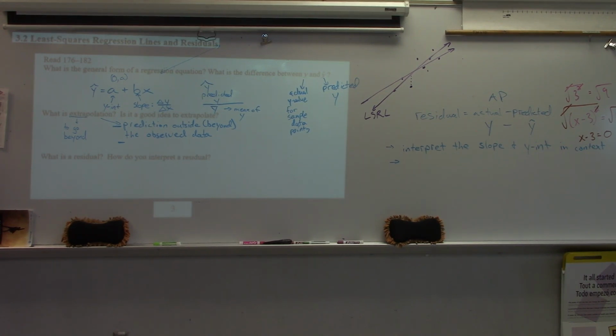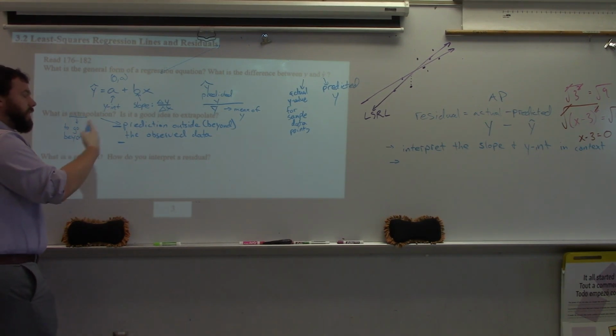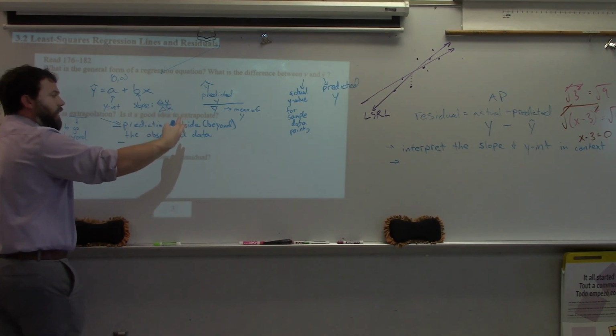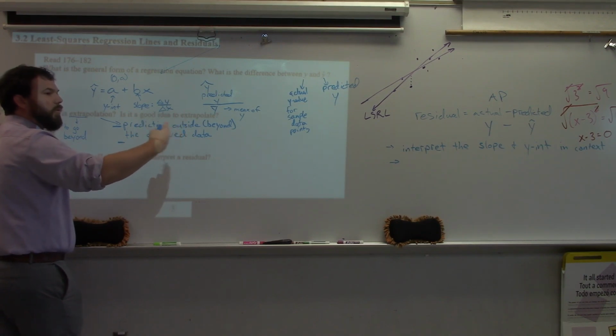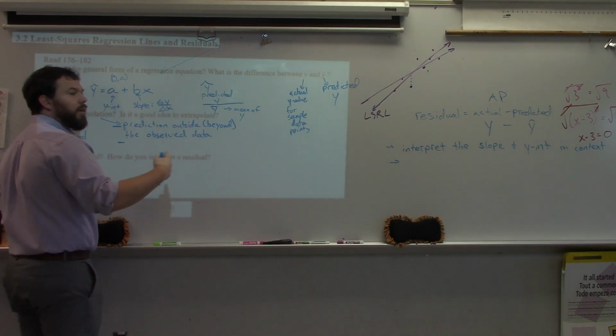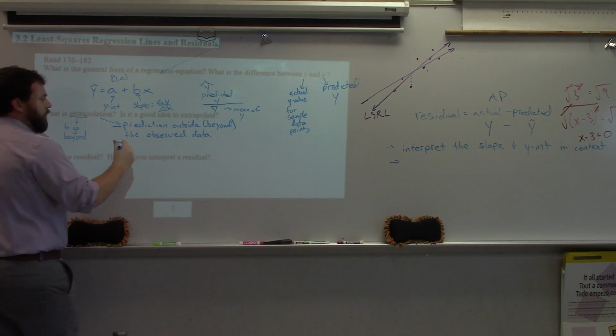And a lot of the time the whole goal is to extrapolate, but we cannot extrapolate too far outside the data. Okay? And so that part is a judgment call. But a lot of the point of these predictions is to go outside the data, but only a little bit. If we go too far, then our data doesn't necessarily hold up.